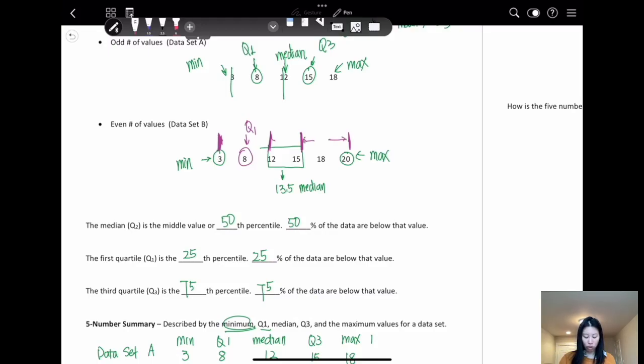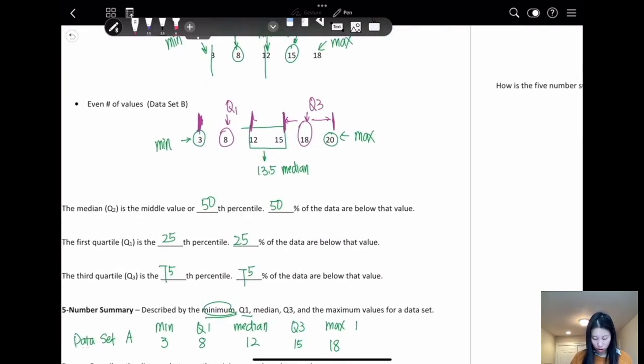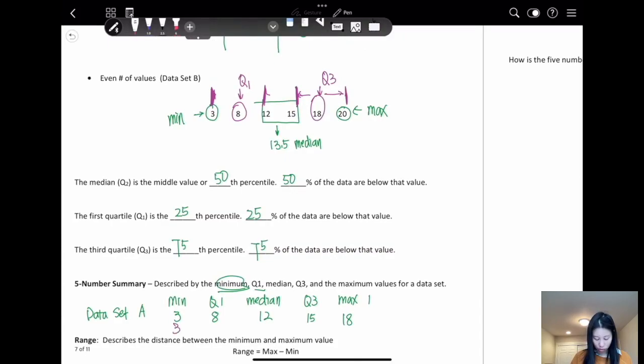So the center would be what? This one, 18. This is our Q3. So let's write it down. For data set B, we have a minimum of 3, Q1 is 8, median is 13.5, Q3 is 18, and maximum is 20.